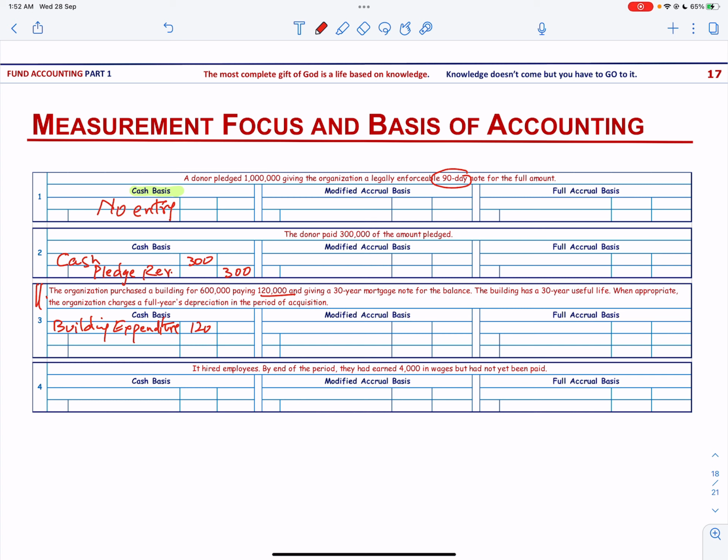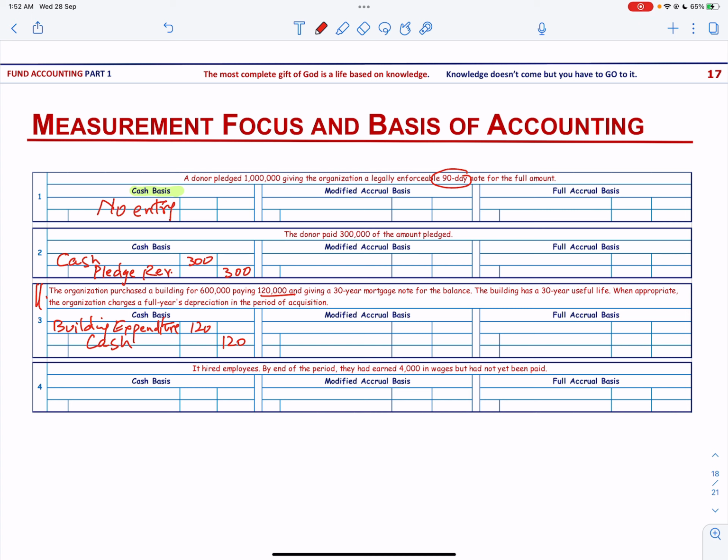So building expenditure is debit and cash will be credited by 120,000. At the end of the year, the government will close all the accounts and will be left with cash.